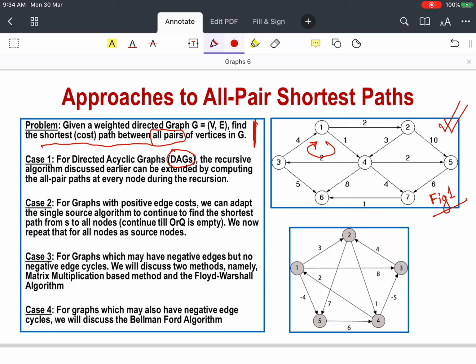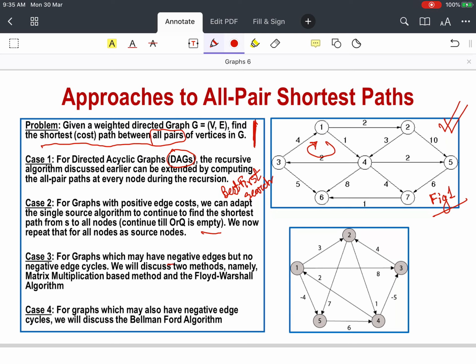And for this, we already developed a best first search algorithm, which we saw the other day, which was an adaptation of the breadth first search algorithm, which is also famously known as the Dijkstra's shortest cost path algorithm. And we shall see how we adapt that algorithm to find first the shortest cost path from a source node to all nodes and then iterate across all nodes.